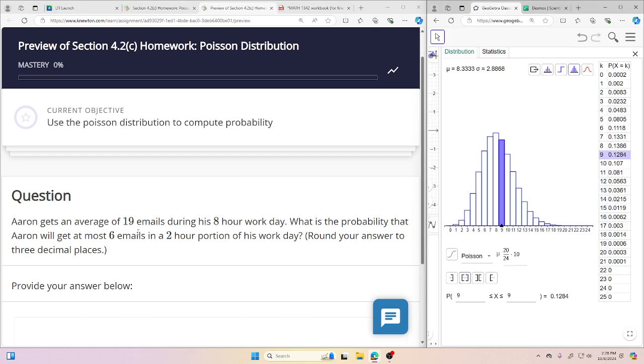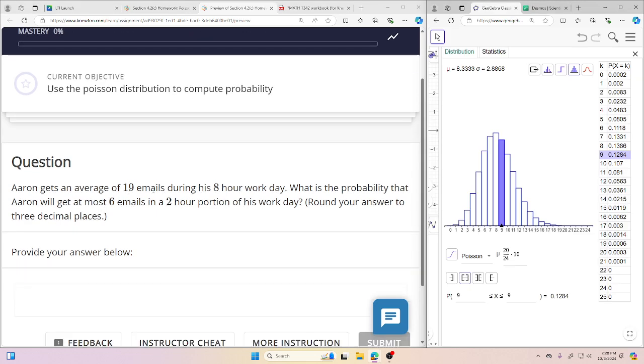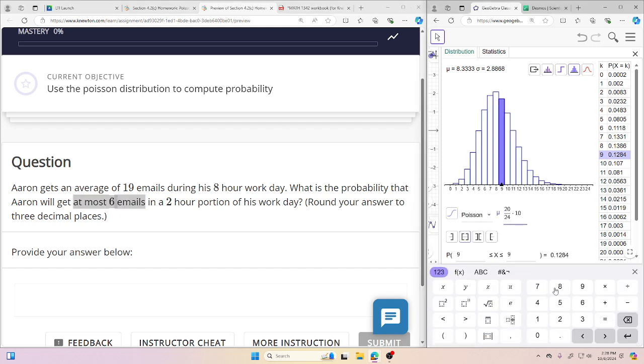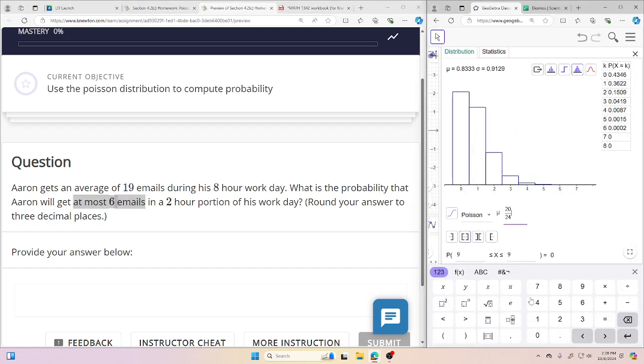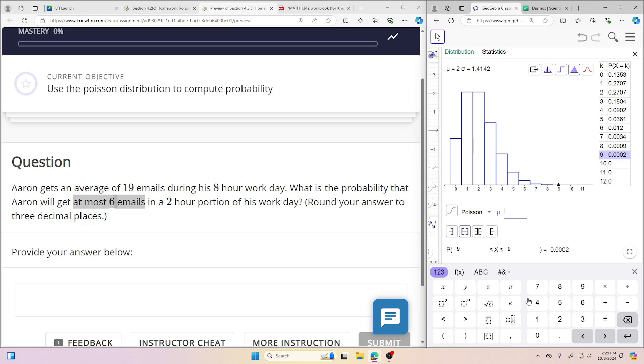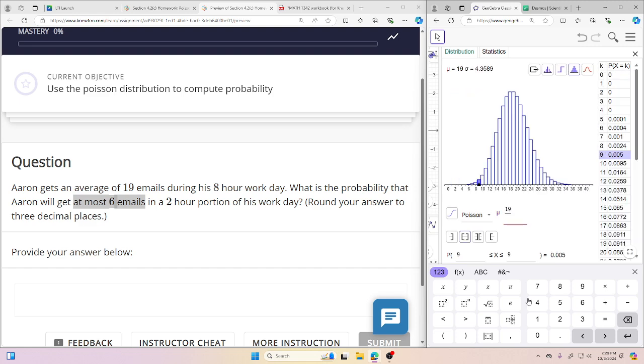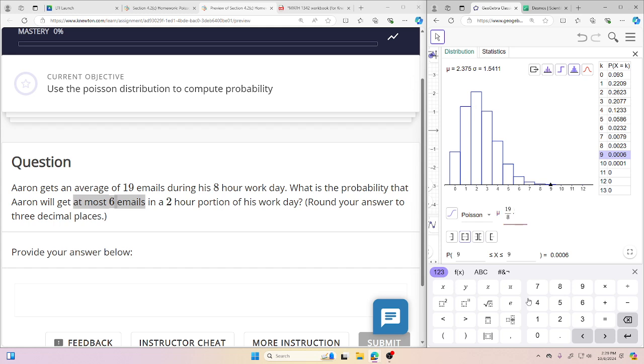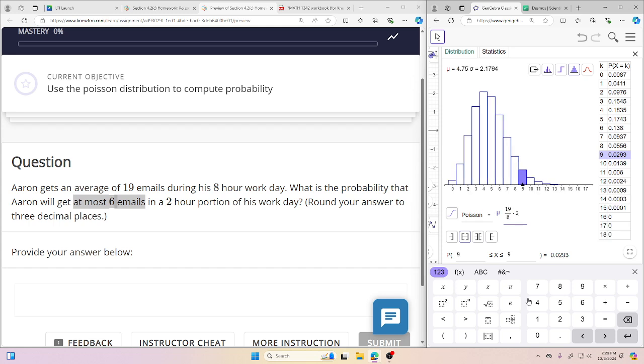Okay. Aaron got an average of 19 emails during his 8-hour work day. What's the probability of at most 6 emails in a 2-hour portion of his day? So this is a question we did not have, but it's very similar, isn't it? 19 emails every 8 hours, but I'm only looking at 2 hours.